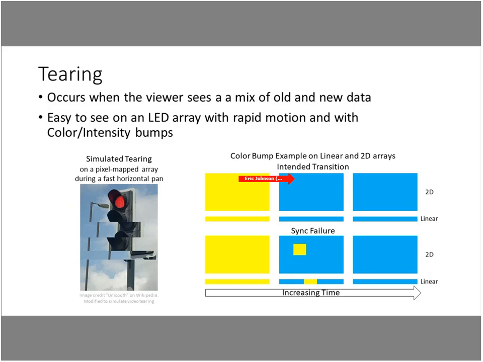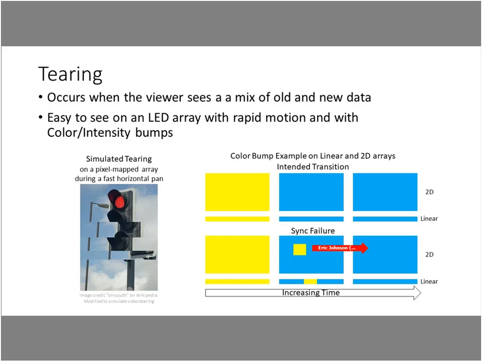But if you have synchronization problems, and one tile's universe doesn't get there, or one block of data doesn't get there, you get an interstitial state that looks something like this. So most of your array has gone blue, but you still have this one chunk that is yellow in the middle. And then when that data eventually arrives, you now get the full blue. We'll talk about timing on this a little later.